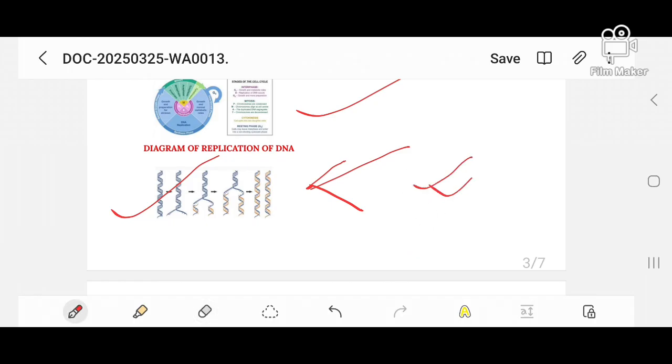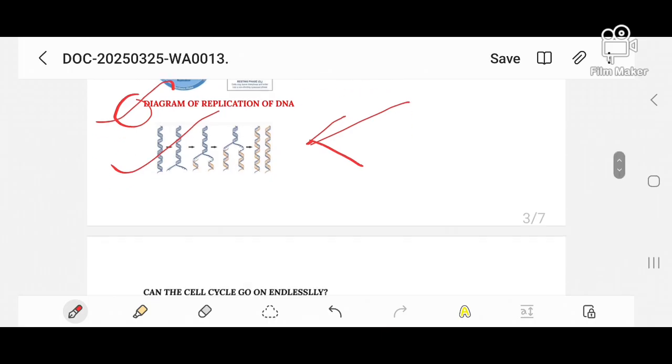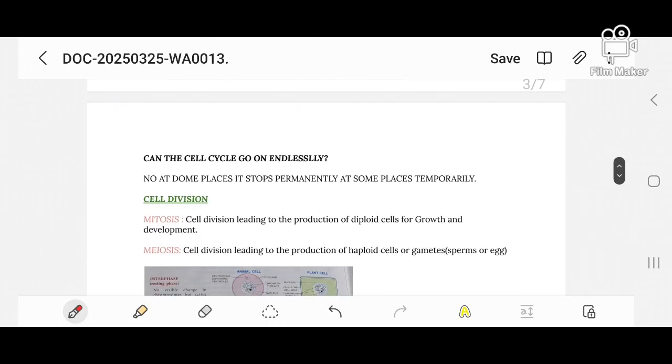This one is very important. It may come for drawing. Okay, important question. For 1 mark or 2 marks it will come.